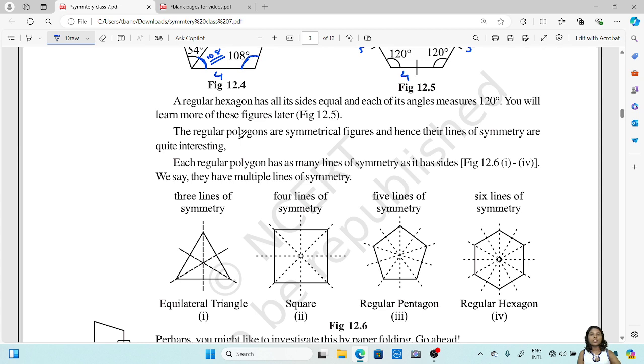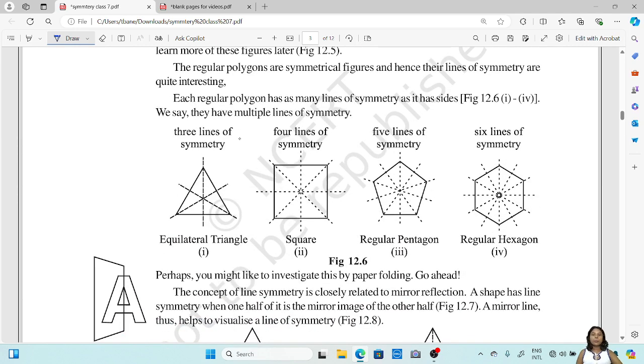Regular polygons are symmetrical figures and hence their lines of symmetry are quite interesting. Each regular polygon has as many lines of symmetry as it has sides. We say they have multiple lines of symmetry. For a triangle, initially we saw only one line of symmetry, a straight line that passes through. But is there any other way we can divide it?